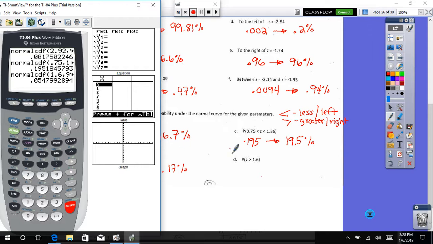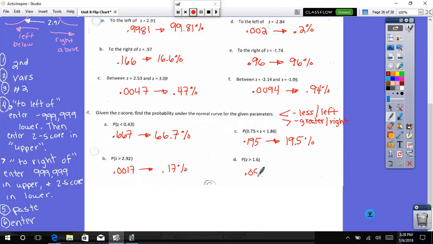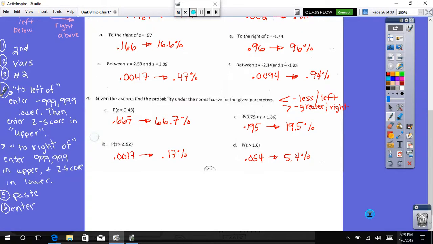And 0.054, which is 5.4%. Again, make sure you have these steps written down over here that I have written in white on this side. And that is going to be it for today.